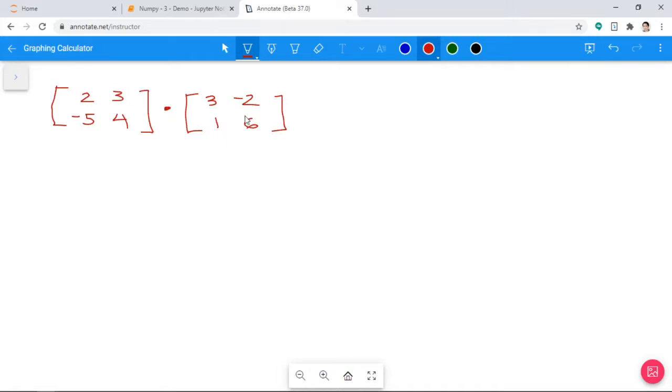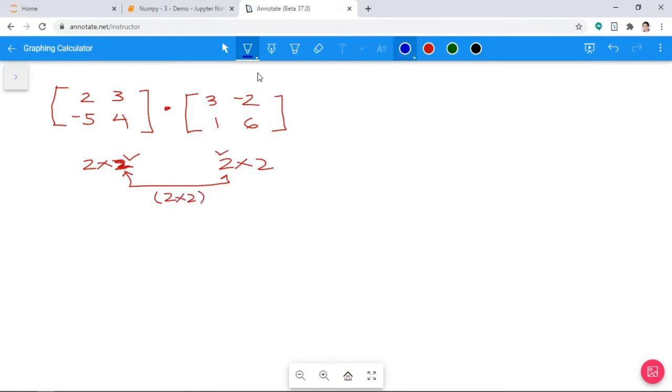Normally you will do this. This is a 2 by 2, and to check if we can multiply, if the inner dimensions correspond, or they are the same, then we can multiply. Then our output will be a 2 by 2 matrix also.